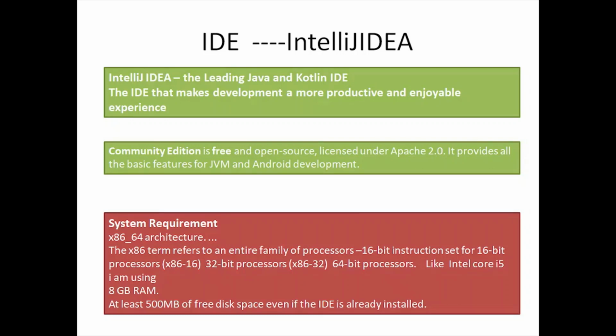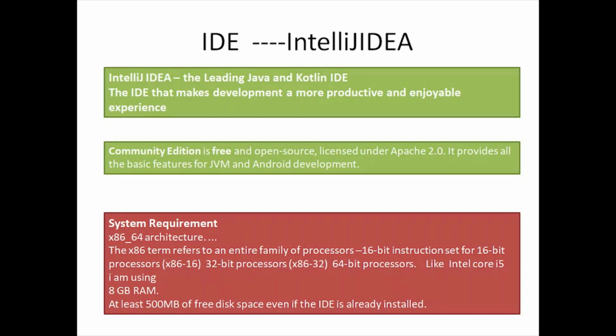The x86 term refers to an entire family of processors. The 16-bit instruction set for a 16-bit processor may be denoted as x86-16, a 32-bit processor denoted as x86-32, and a 64-bit processor like Intel Core i5, which I am using, is a 64-bit architecture processor.